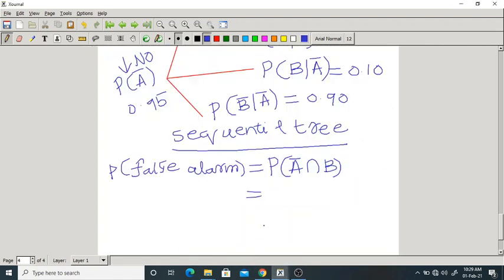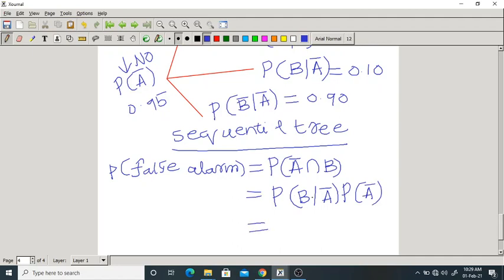To find this, we use the multiplication rule, or the conditional probability rule. Probability of A complement intersection B equals probability of B given A complement times probability of A complement.